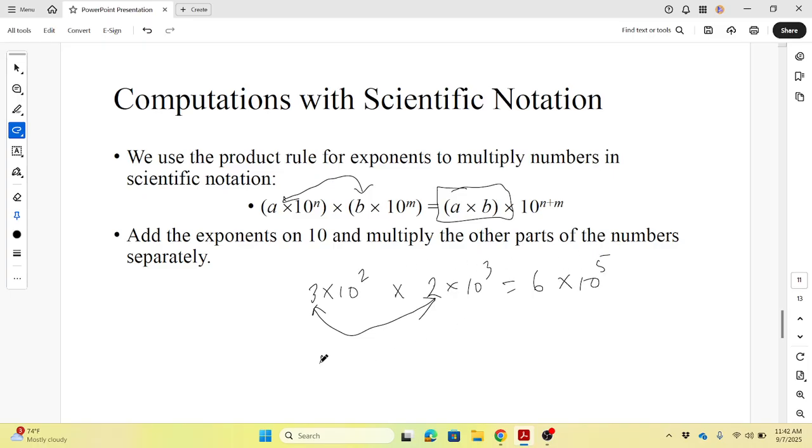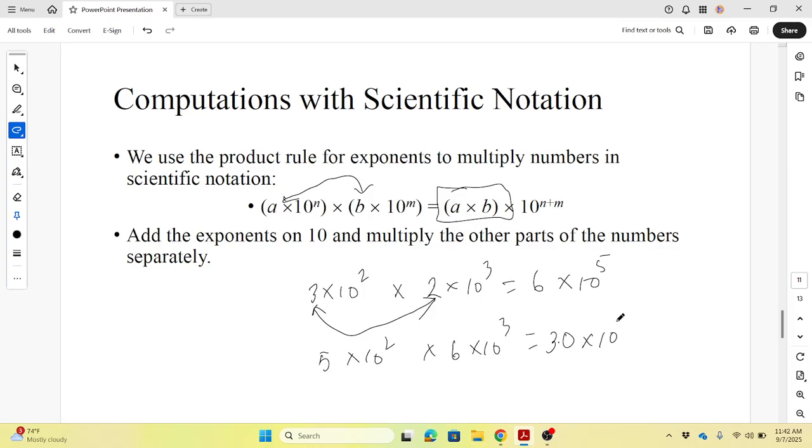But let's say you have 5 times 10 to the power 2 here, and here 6 times 10 to the power 3, then what is 5 times 6? It's 30. But we don't want to write the final product as greater than 10, so we write 3.0. So we put one decimal place here, and now whenever you add 2 plus 3, which is 5, because there is one decimal place here, that will give you one extra 1 on the exponent.